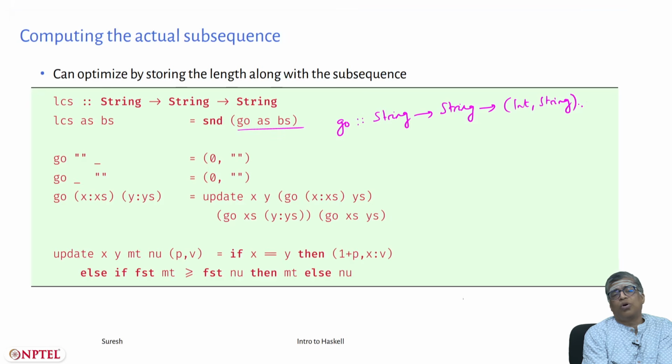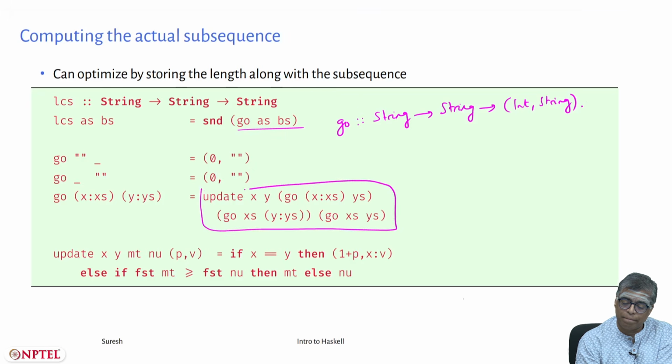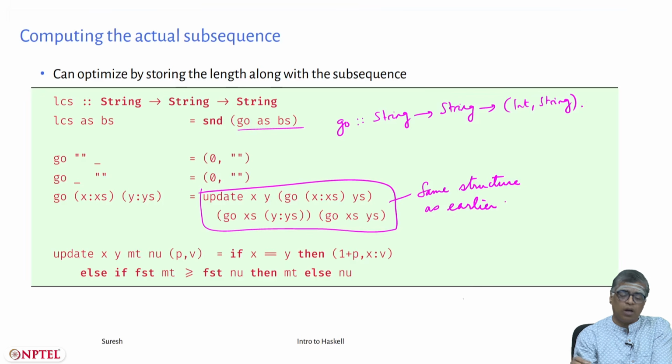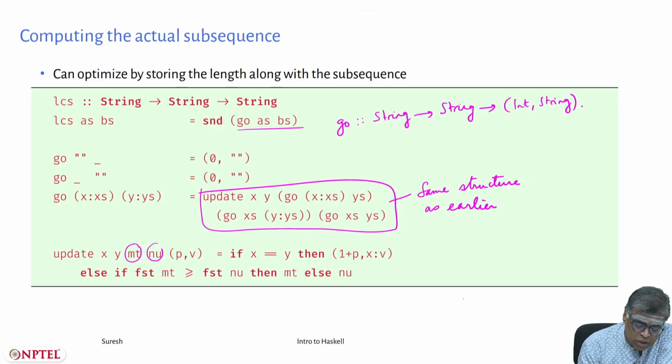So, go of empty list, anything is 0 comma empty list, go of anything, empty list is 0 comma empty list again, go of x colon xs and y colon ys has the same structure as earlier, but now this update x y m t n u, these are all pairs.